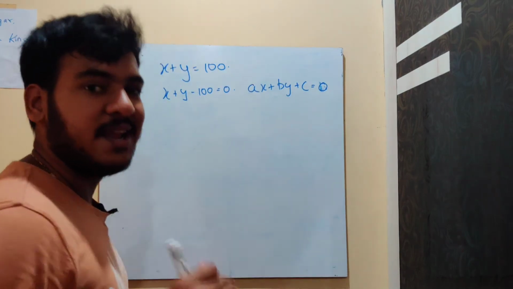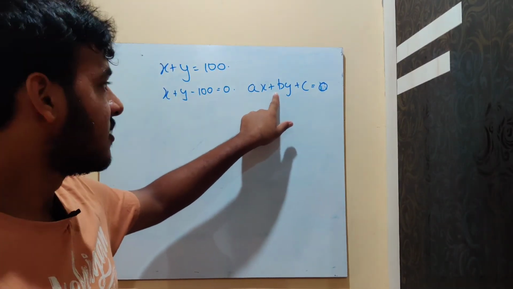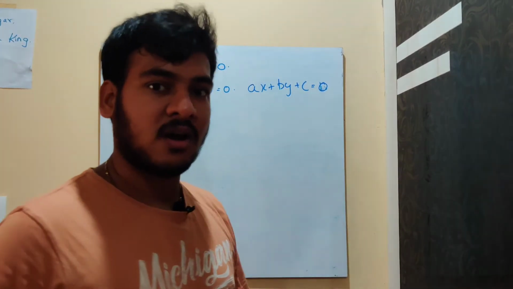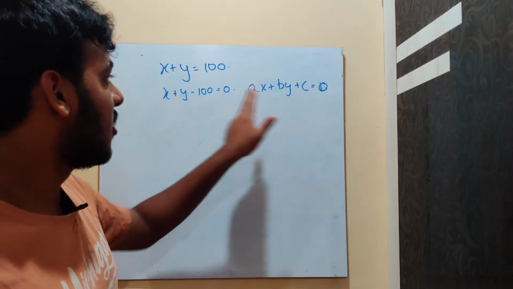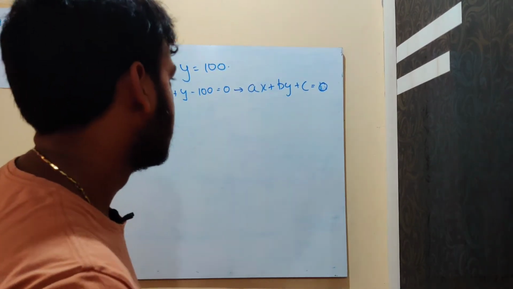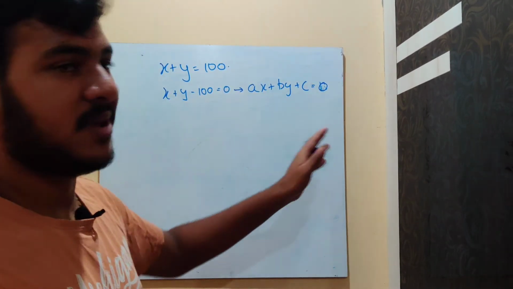A linear equation exists in the form of this, where x and y are variables and a, b, c are constants.